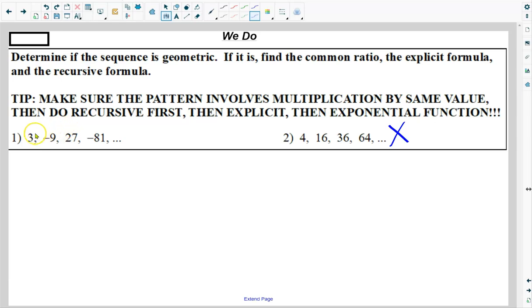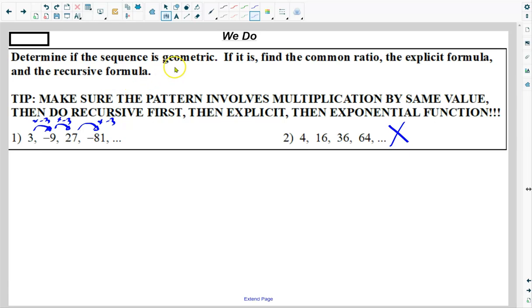Now, on this one, 3 times negative 3. Okay? Gives me this. Negative 9 times negative 3 gives me this one. Okay? And negative 3 times 27 gives me negative 81. So you have to check that. Okay?